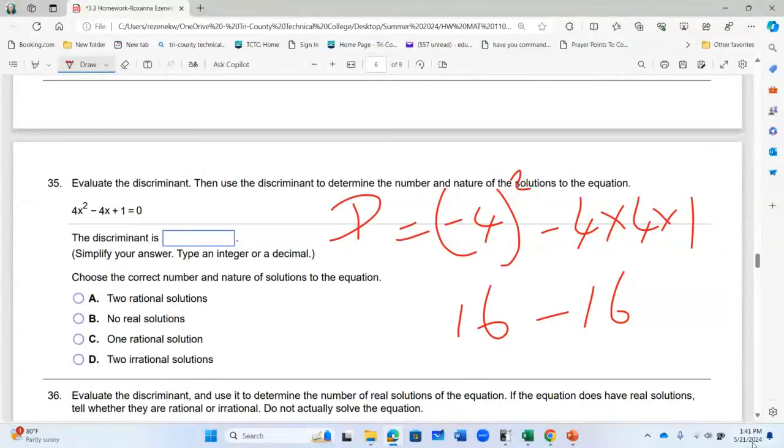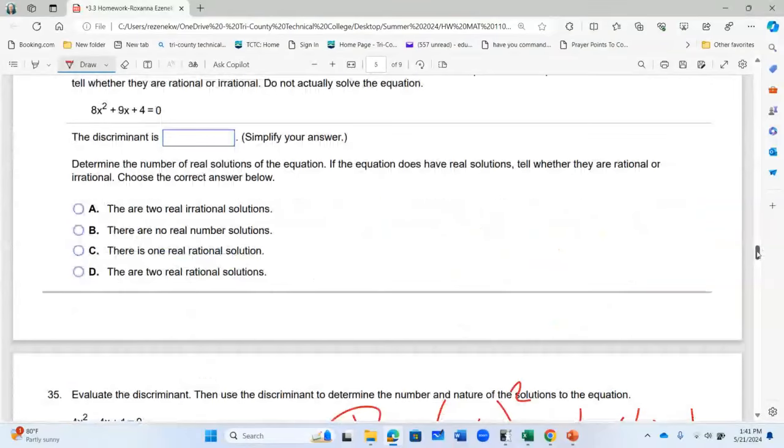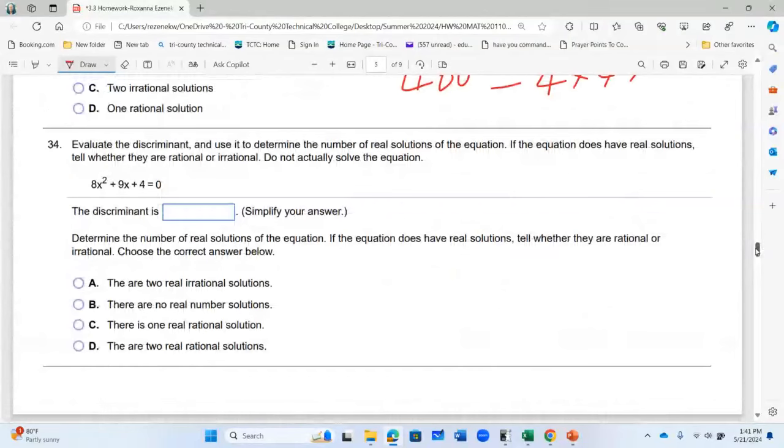All right, so the discriminant in number 35 is 0. I don't want you to think that it's going to be 0 all the time. So let's find the one that's not 0. Well, let's do number 34 because I'm sure this one is not going to be 0.